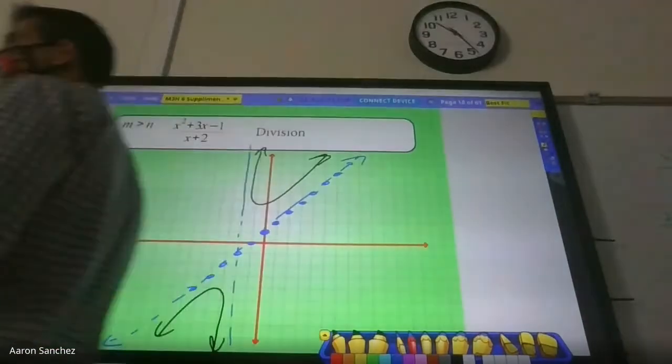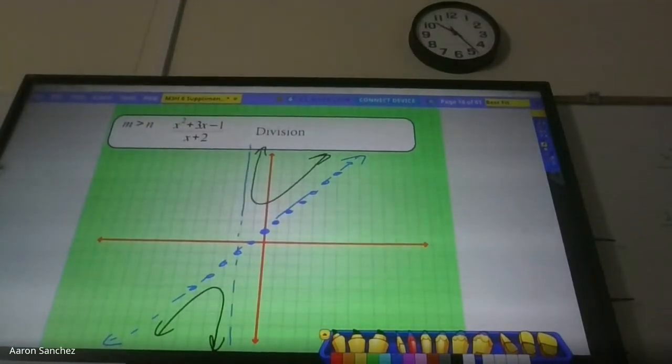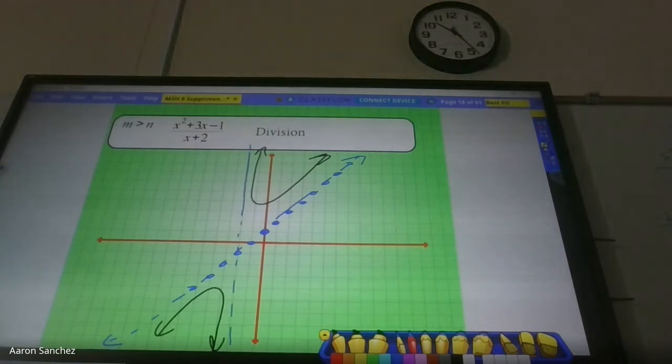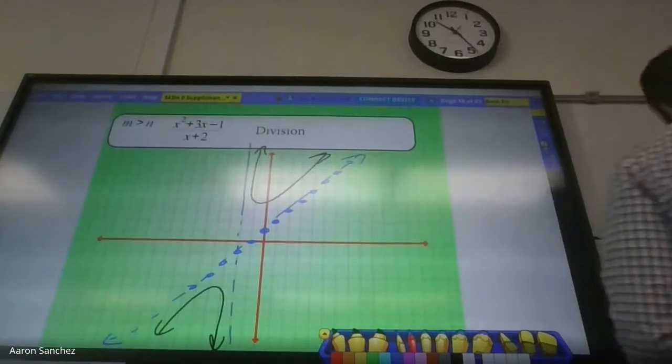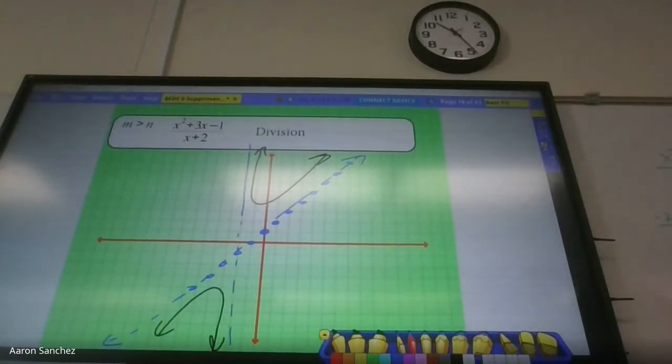But remember, let me write it out. If we divide it, remember this was x squared. So now this is x plus 1 plus -3 over x plus 2, right? That's my remainder. Let's ignore the remainder.